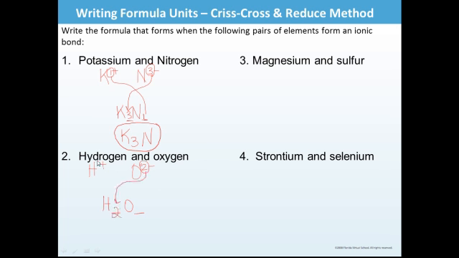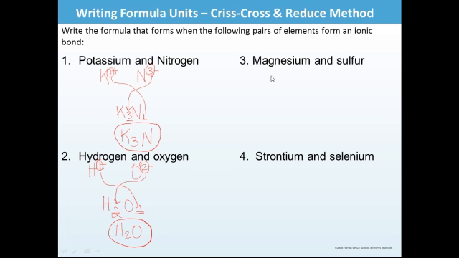So that's 2. Hydrogen, the number is basically a 1, so we're going to write 1. And again, when you have a 1, you do not have to write it. And in fact, you should not. Therefore, when hydrogen and oxygen form a bond, look at that, H2O. I bet you didn't know that.